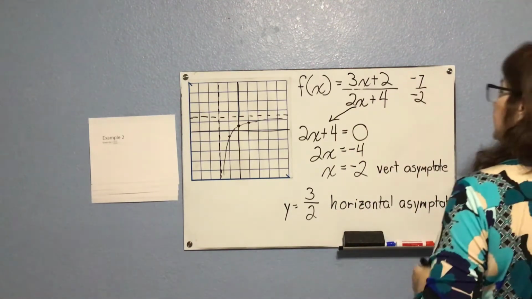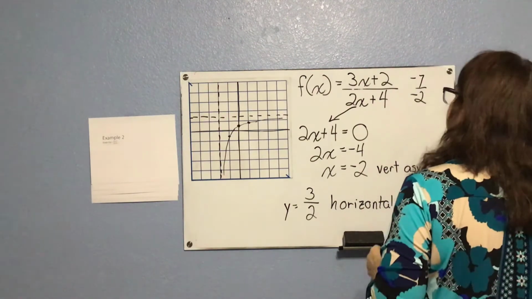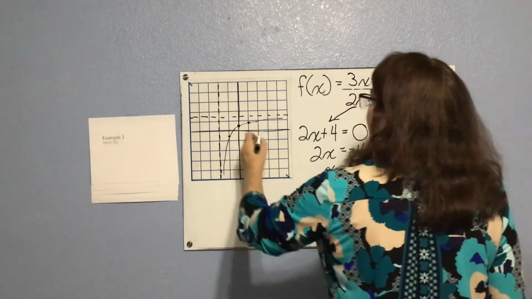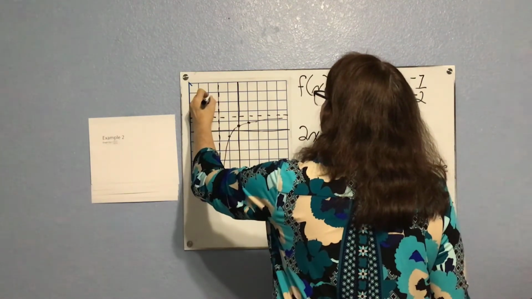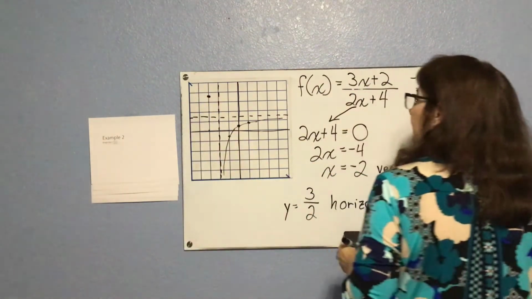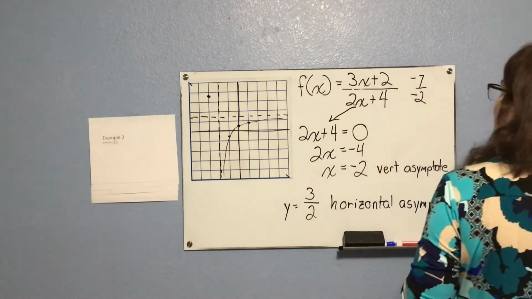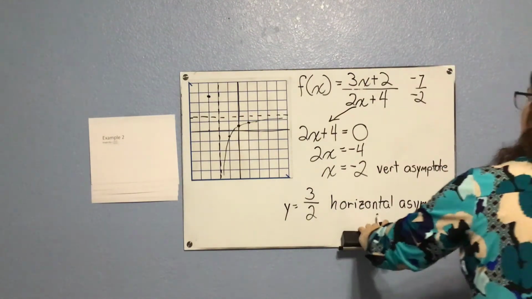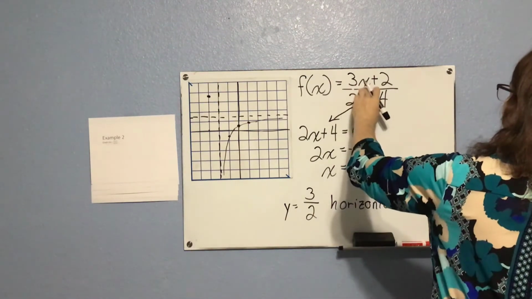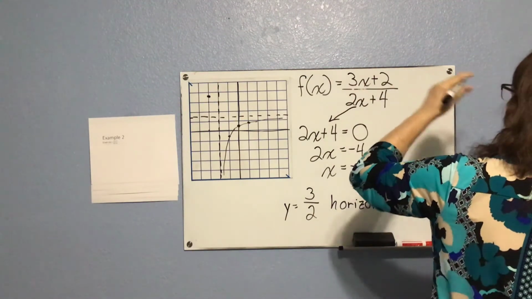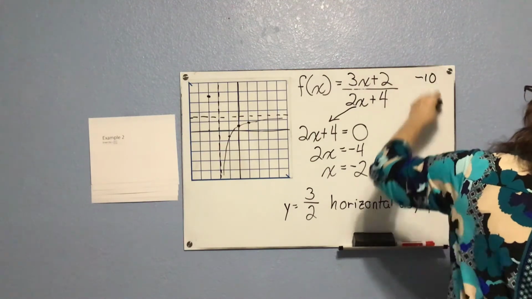So negative 7 over negative 2, or positive 3.5. So at negative 3, we're at positive 3.5. Now let's look at negative 4. 3 times negative 4 is negative 12 plus 2, so negative 10.